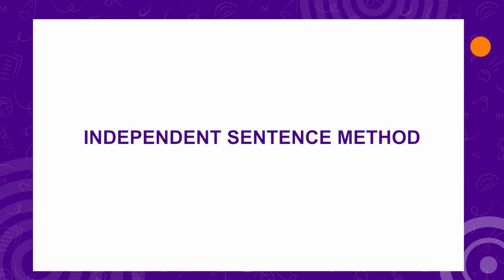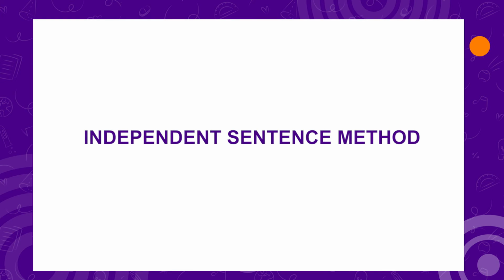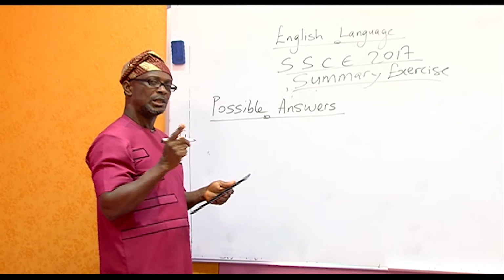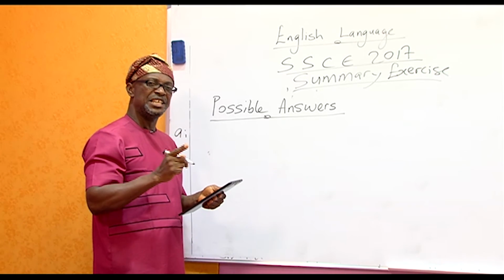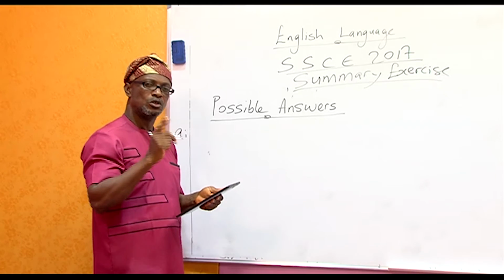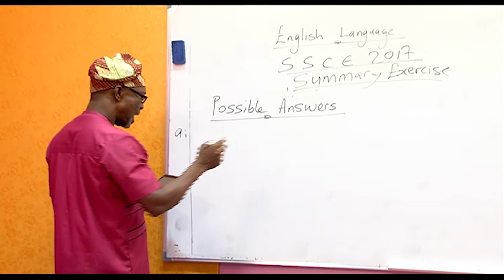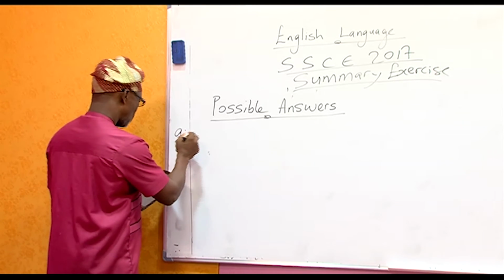By way of independent sentence method, remember, the sentences are independent of the other one. A, 1. Remember what the question is requiring of you. The negative effects of social media. And by way of independent sentence method, we have something like this. 1.